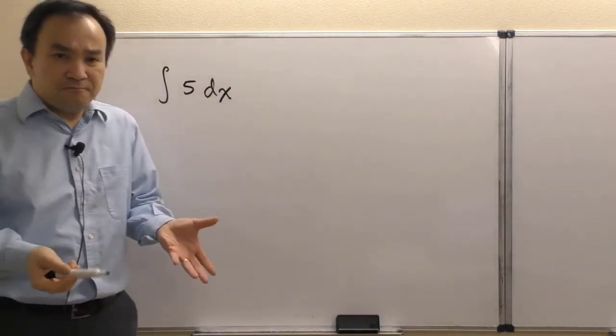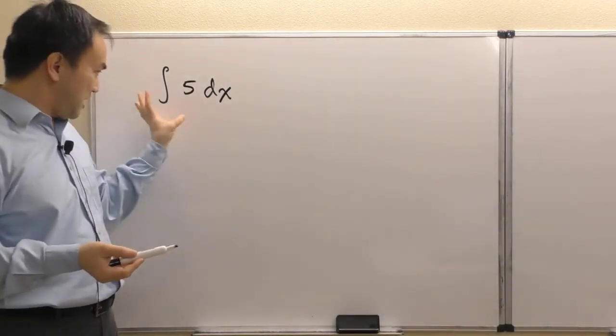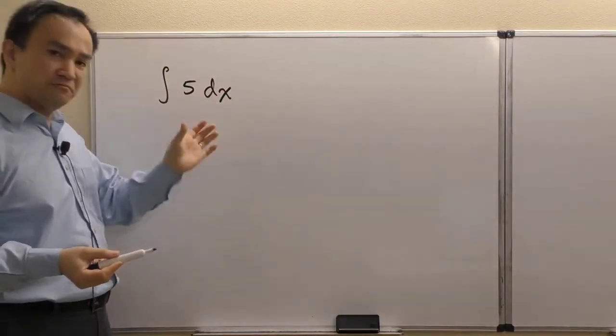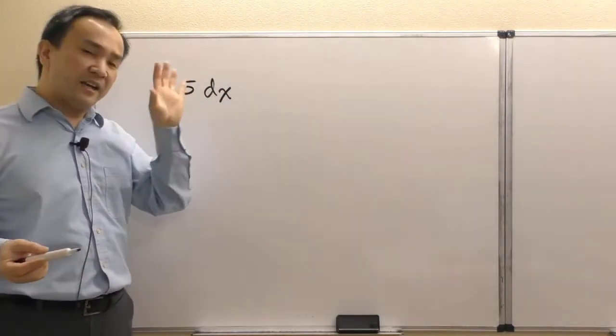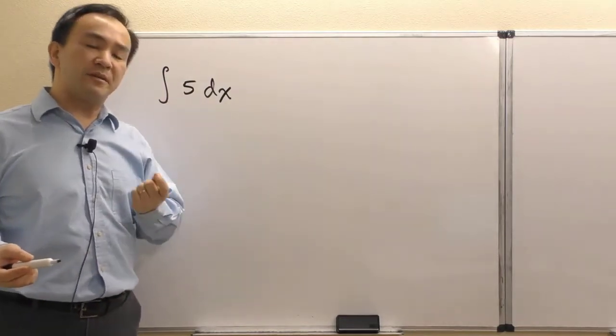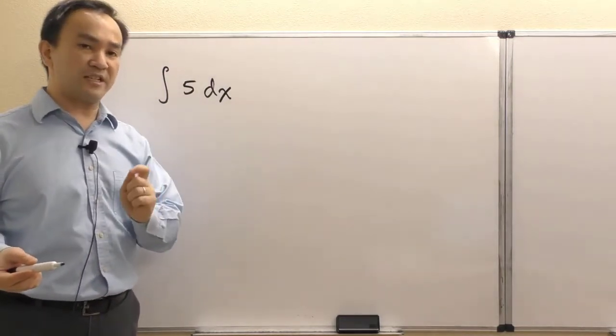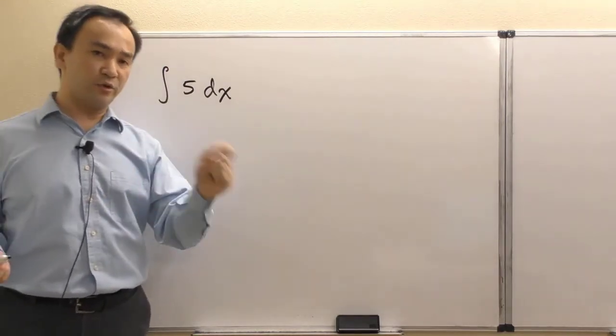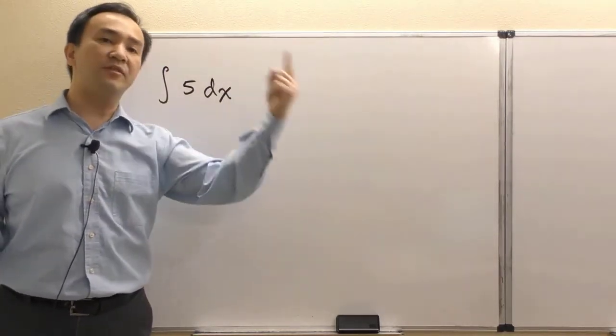So 5 is the function. When doing these antiderivative problems, think as closely as possible to the work that we do with derivatives, and then think in the reverse way.